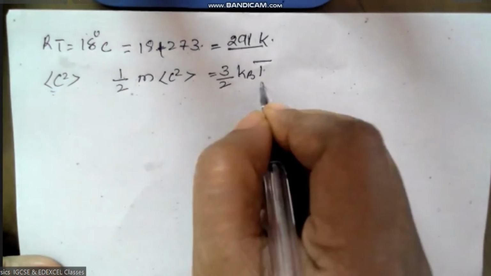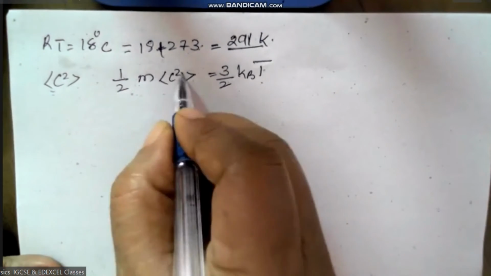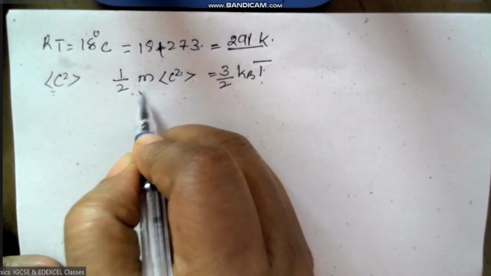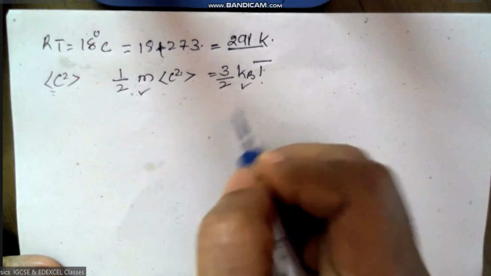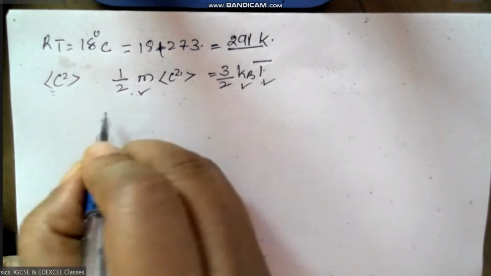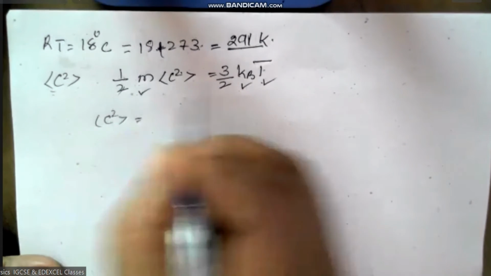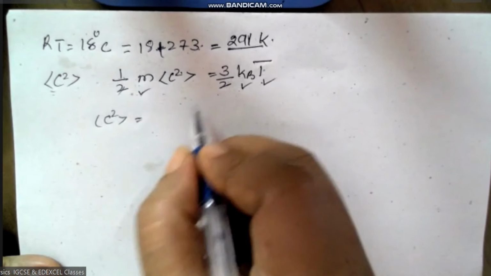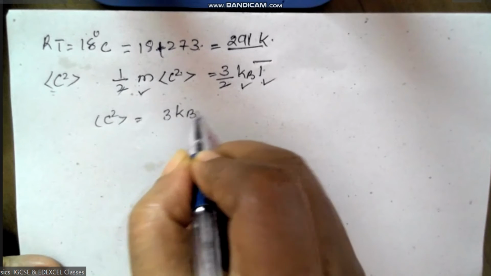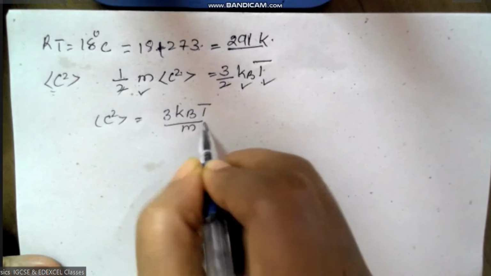Now you have to find what? The RMS velocity. That means C square. You have to find this. What equation do we have? Half mc square is equal to 3/2 kB T. This is the equation that we have. We have to find C square.